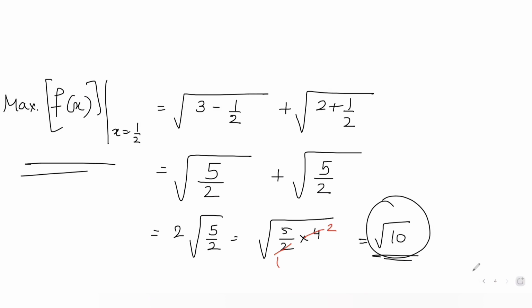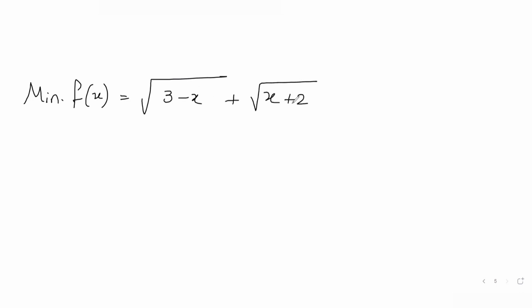So you get the maximum value of the function f of x at x equal to half, that is equal to root of 10. Now let's try to find the minimum value of the function, because we need to find the range of this entire function. To find the minimum value, we know that root of anything is either always positive or equal to 0, right?